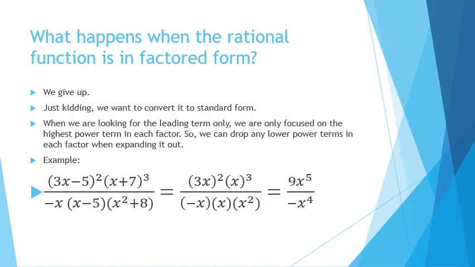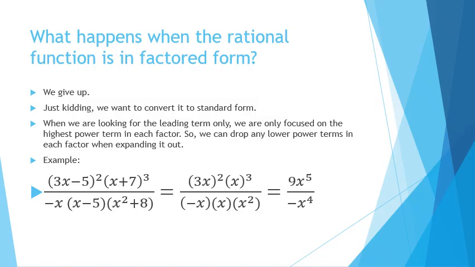But what's nice is when you're converting it from factored form to standard form, you are only looking for the leading term, right? We could care less about what happens to any of the lower powers. We even drop them. I've shown myself crossing off terms that don't matter when finding end behavior.